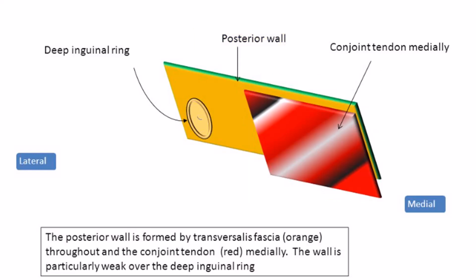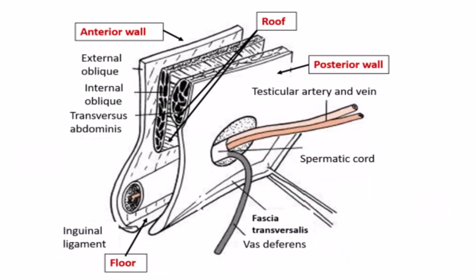The conjoint tendon is formed by aponeurotic fibers of two major abdominal wall muscles, the internal oblique muscle and the transversus abdominis muscle. They combine together to form the conjoint tendon.